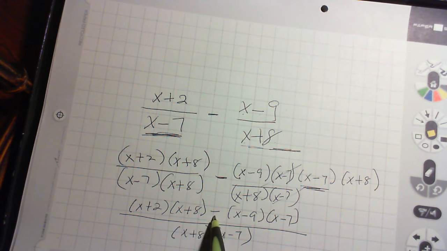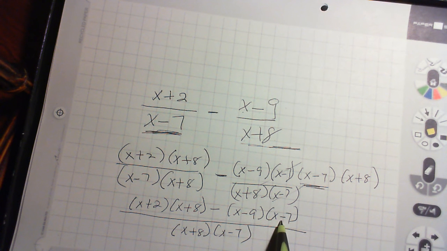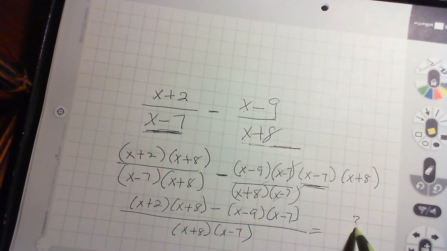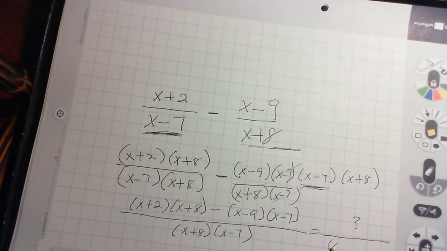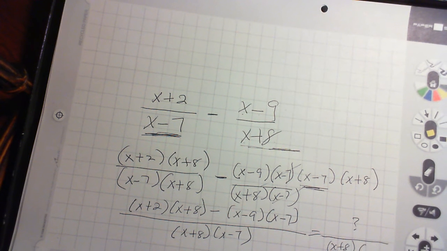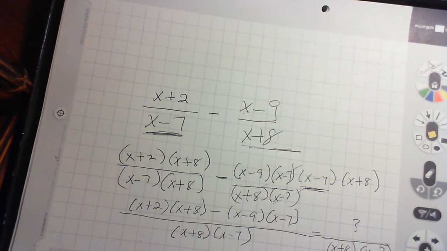Right? I'm not going to continue this. Multiply this out, simplify the numerator, and then put your numerator here and the x plus 8, x minus 7 at the bottom, okay, and you're done. That shouldn't be too hard.